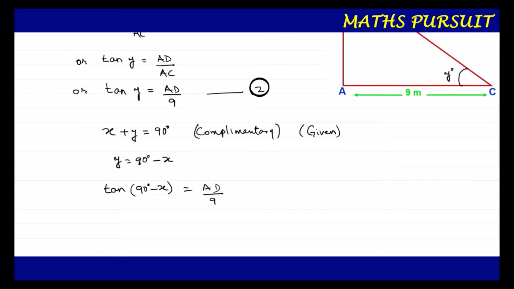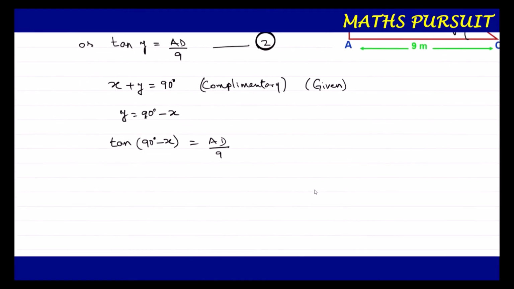Or in other words, tan 90 degree minus x is cot x, so cot x is equal to AD upon 9. How? We very well know the identity that tan 90 degree minus theta is equal to cot theta.